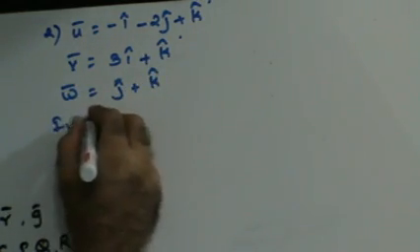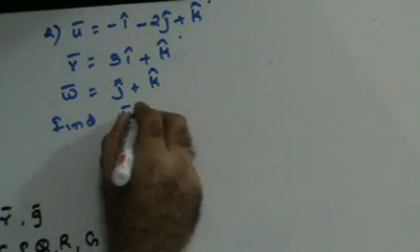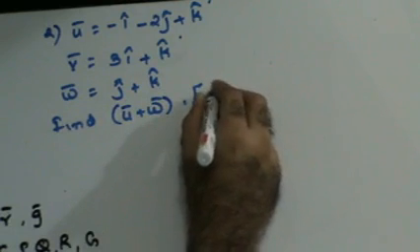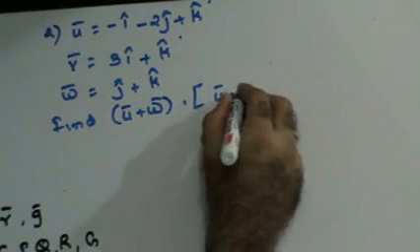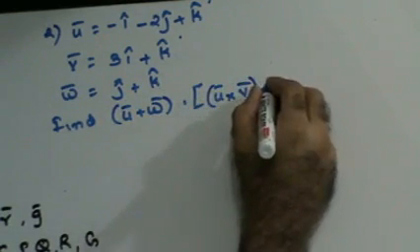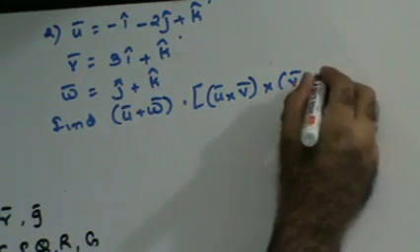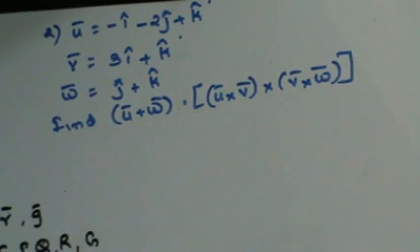Find (u vector plus w vector) dot (u vector cross v vector) cross (v vector cross w vector). Right? Now when you have a dot and a cross in the same equation, then that is called as scalar triple product.